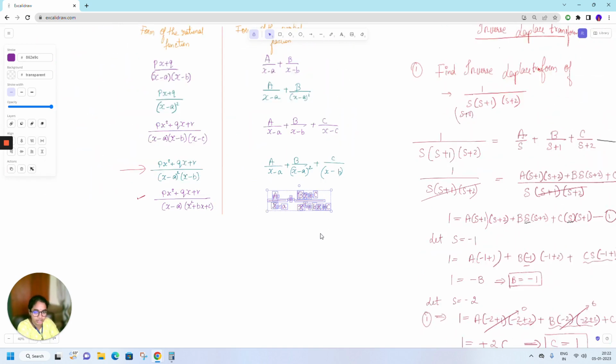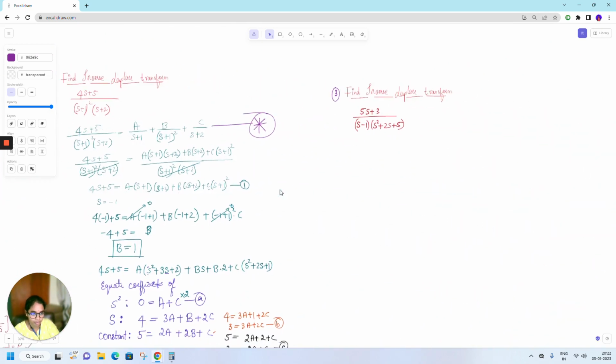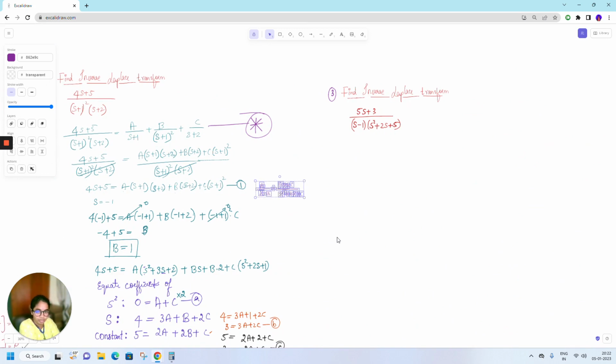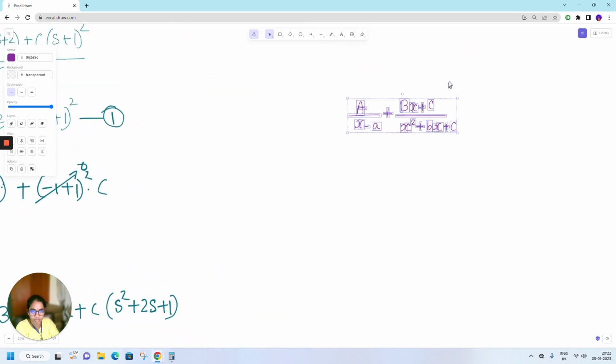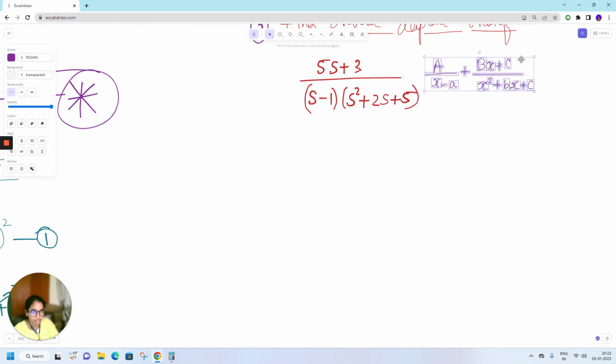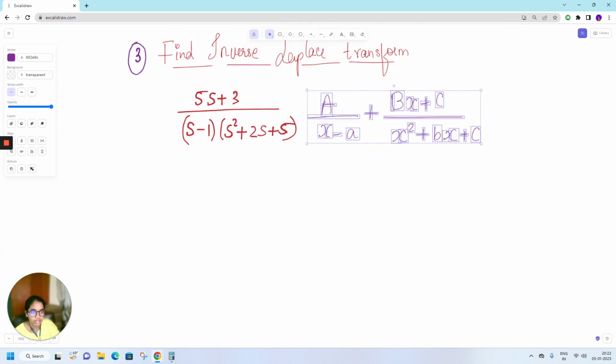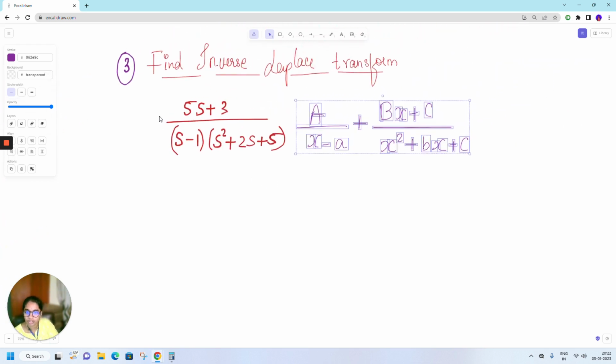The formula is, I would have to write it in this format. So what do I have in place of x minus a?